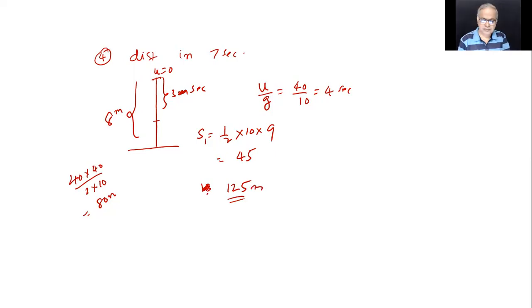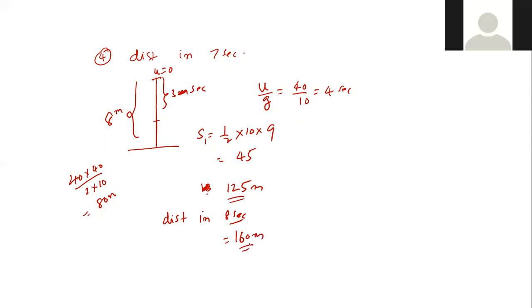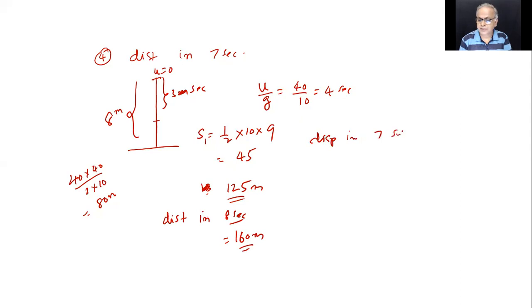Children? Yes, sir. Now distance in 8 seconds. Very simple. 80 up, 80 down. So total is 160 meters. And you know, previously we calculated displacement in 7 seconds as 35. Isn't it?